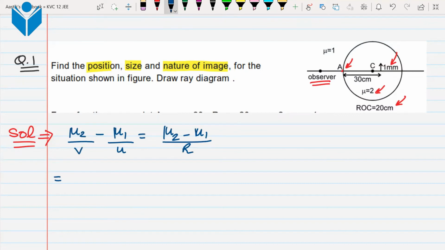What is the value of mu2? Tell me, fatafat. Mu2 is where observer is, from where you are observing. What is the value of mu2? 1. Well done. 1 divided by v minus, what is the value of mu1? Mu1 is where the object is. What is the value of mu1?